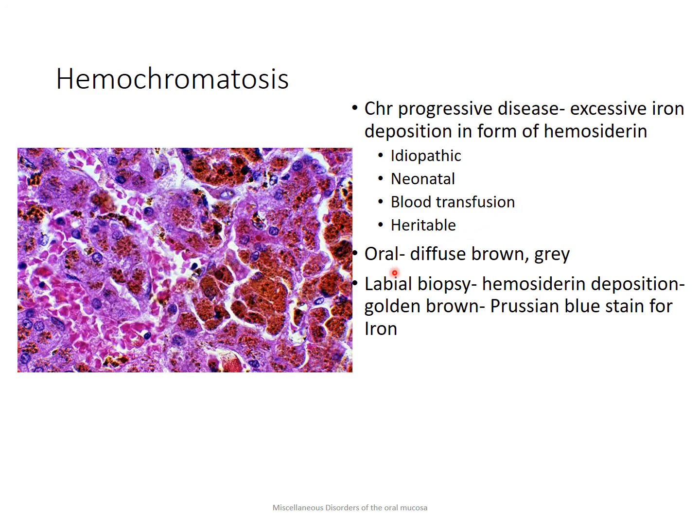In the oral cavity, diffuse brown gray pigmentation is seen, and a labial biopsy can give the appearance of hemosiderin deposition, which generally stains golden brown with the Perls Prussian blue stain for iron. So here you can see areas of iron deposition, and hence this is the histology picture of hemochromatosis, where the sample has been stained with Prussian blue.